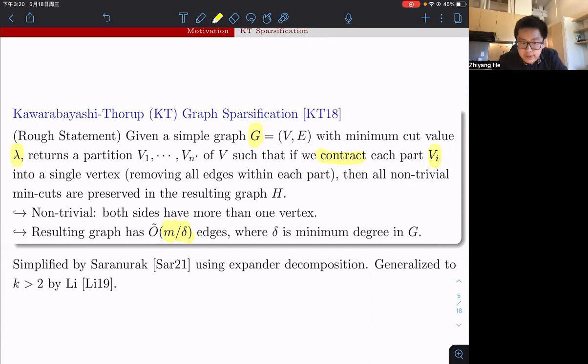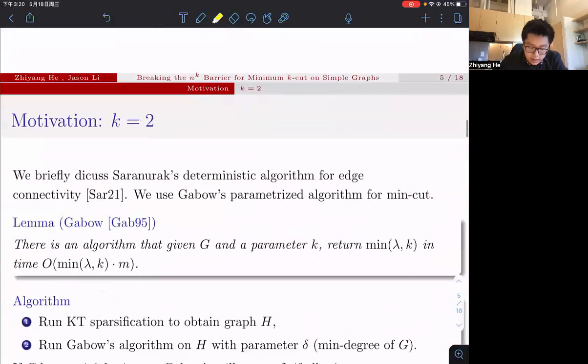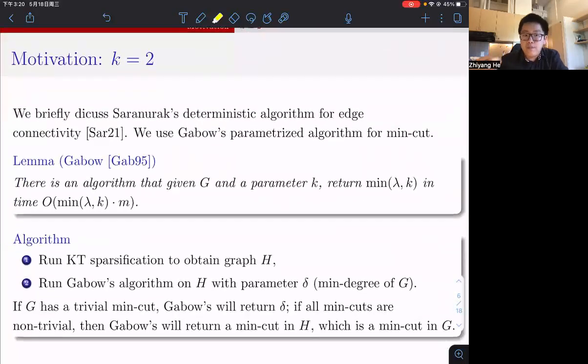But a couple of remarks to make is that the original procedure is actually quite complicated. It is simplified by Saranurak using expander decomposition, and it's also generalized to k cuts instead of just 2 cuts by Jason Li.